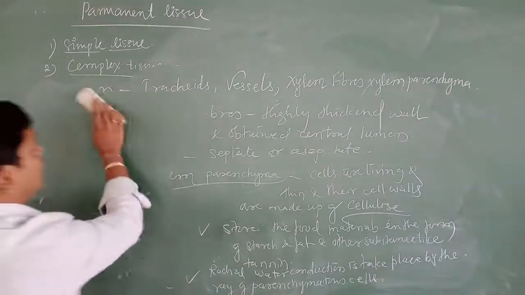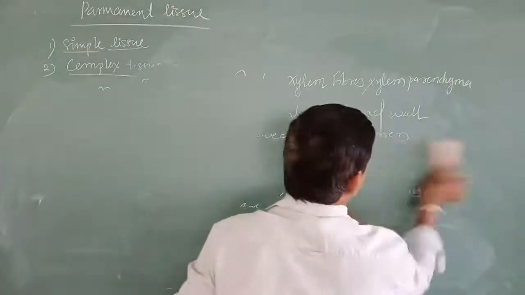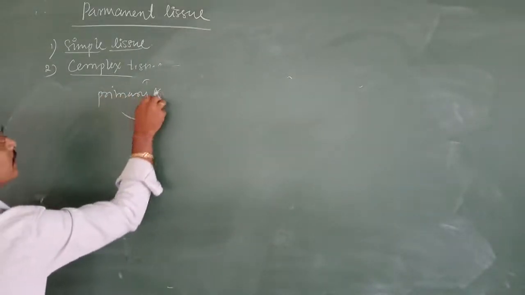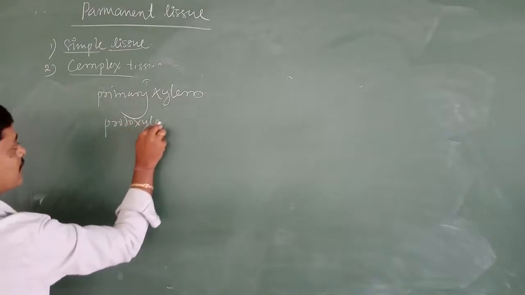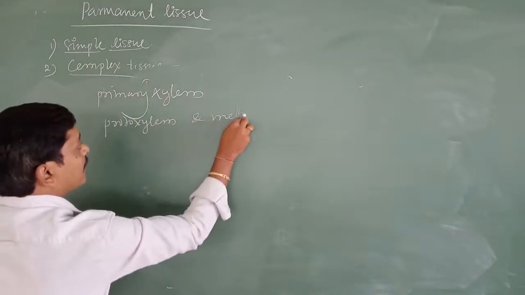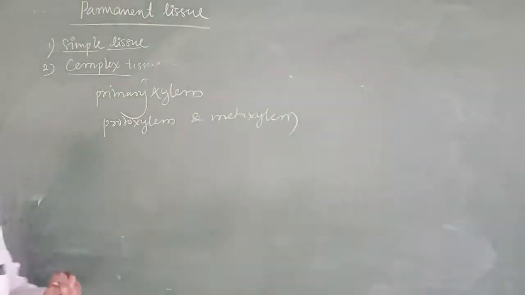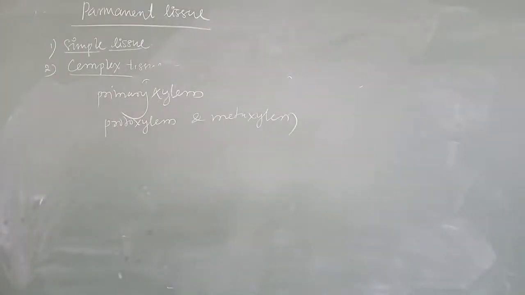Now in xylem, the next and last point we are going to discuss is that in primary xylem we get protoxylem and metaxylem. The primary xylem elements are called protoxylem, and later formed primary xylem is called metaxylem.